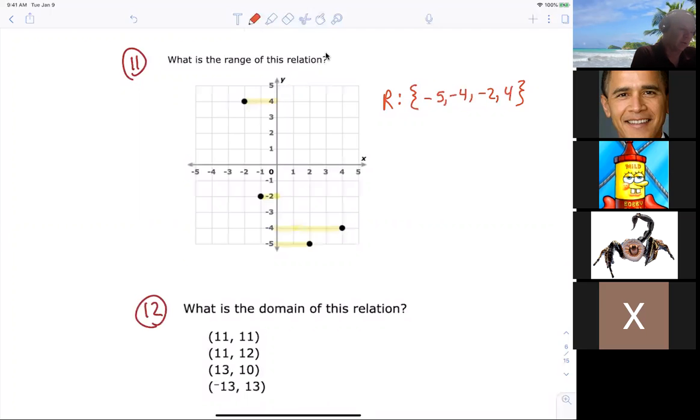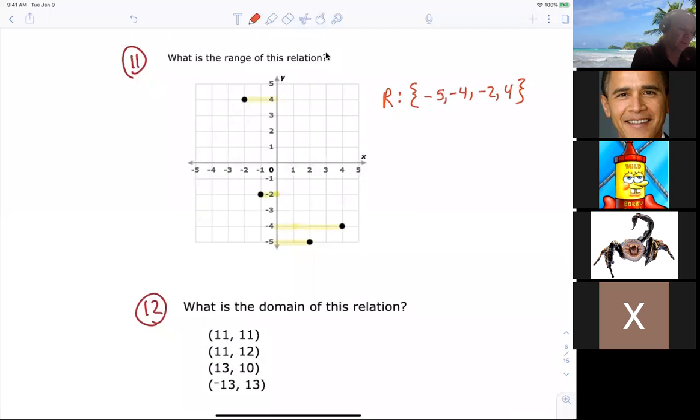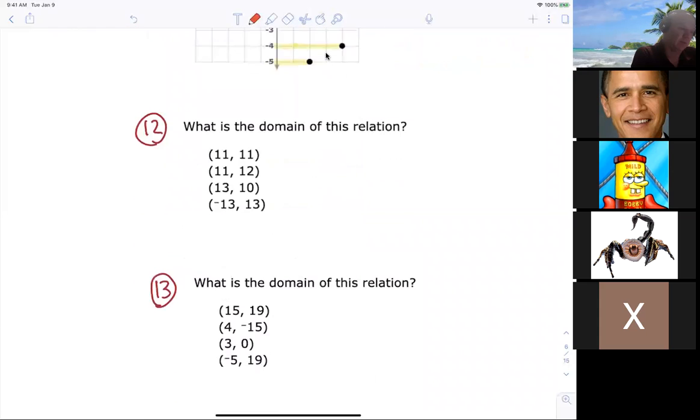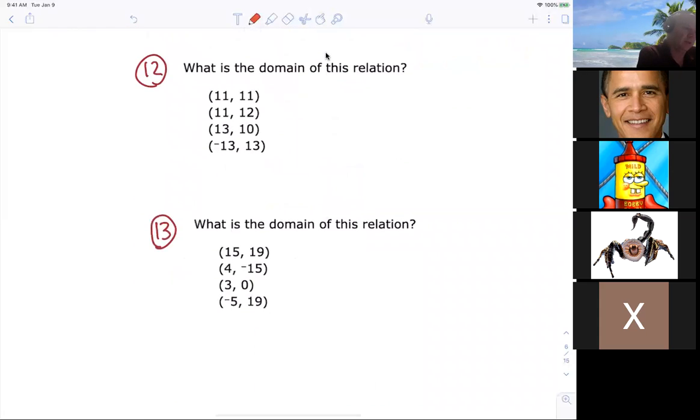All right, for number 12, listing the domain. All right, D, colon, small to large. Just the what? Just the X values. We're just listing the X values. Smallest X is -13, 11, and 13.